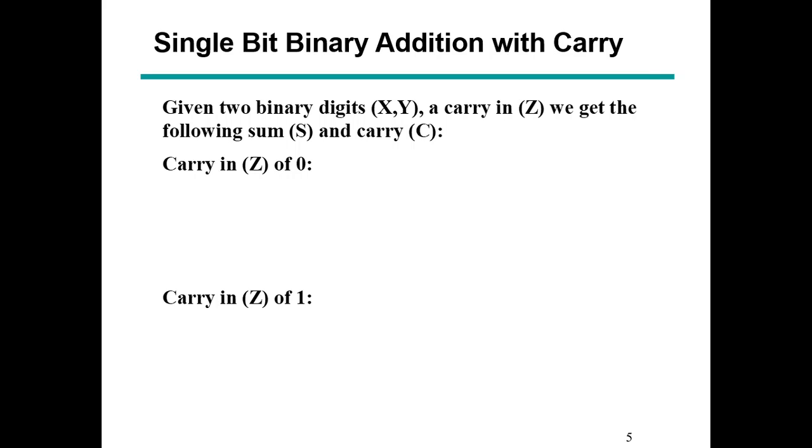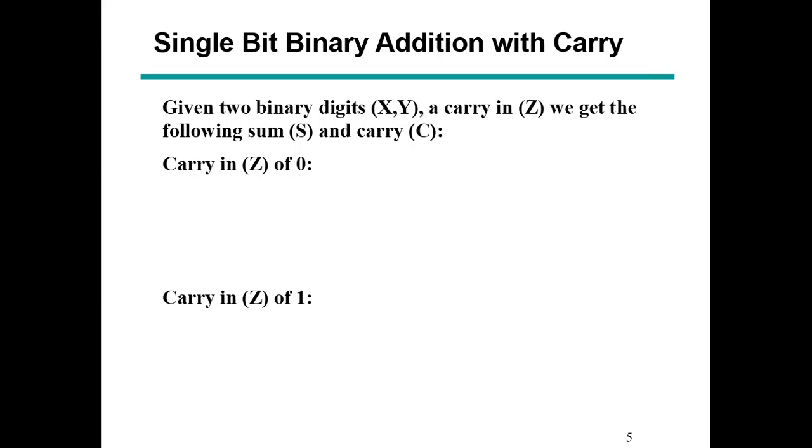So you will learn these terms, carry in and carry out. Carry in is basically a carry from a previous addition, and carry out is a carry from the current addition, the digits that you are currently adding.